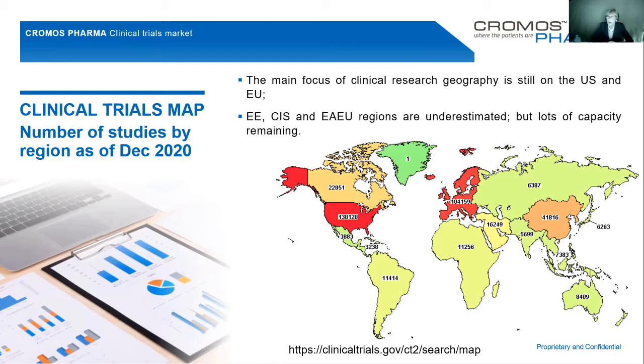That leaves us an awful lot of opportunity to continue to explore the regions of Central and Eastern Europe, for example, to help to increase the enrollment potential and the likelihood of succeeding in enrollment and timeline and budget with studies that we're planning from here forward.